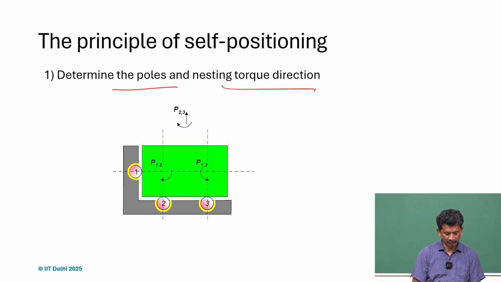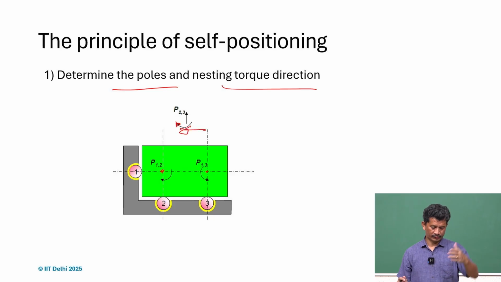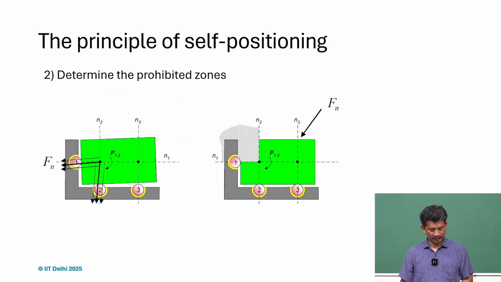Likewise, we can determine all the poles. P12 is for 1 and 2, then P13 for 1 and 3, and of course 2 and 3 meet at infinity, so this can be a torque or force, as we can see. These are the poles towards infinity. Then we start finding the zones which are prohibited.